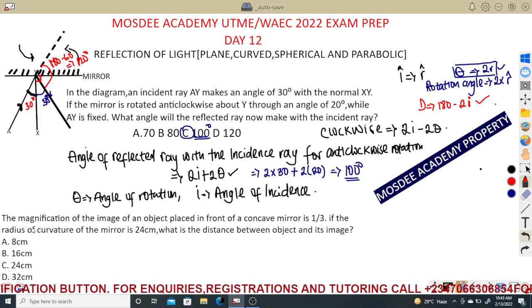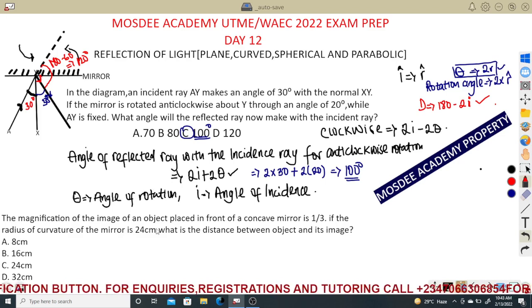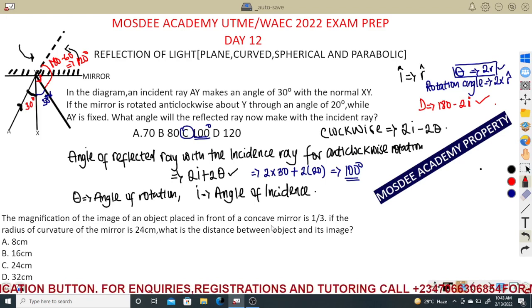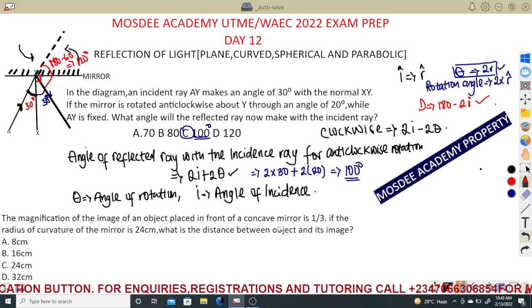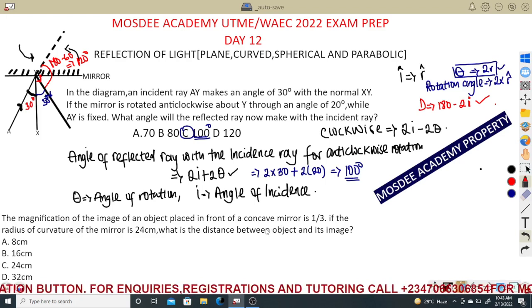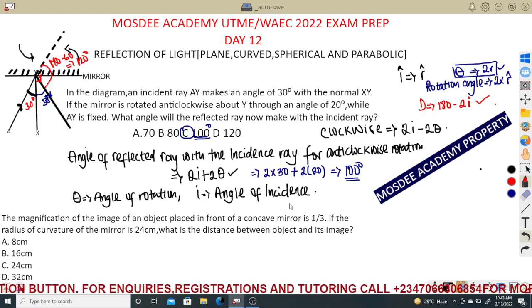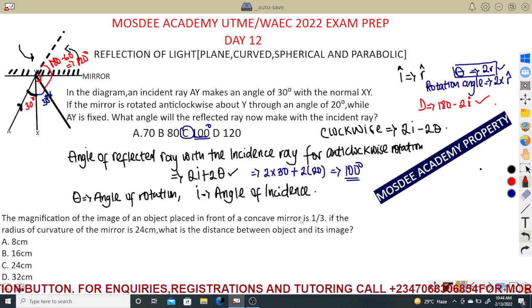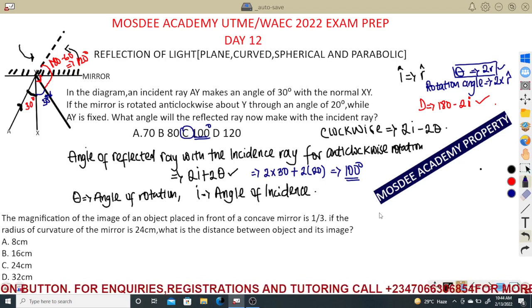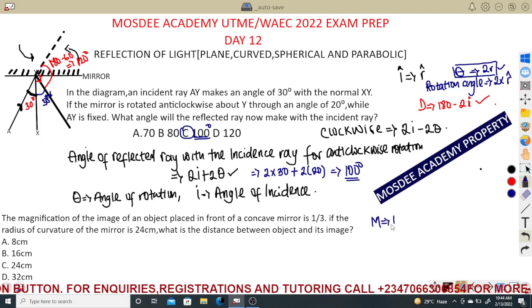We have the magnification of the image of an object placed in front of a concave mirror. Now we are talking about what we call a spherical mirror. An example of the spherical mirror is a concave mirror, and the magnification of that particular one is 1/3.